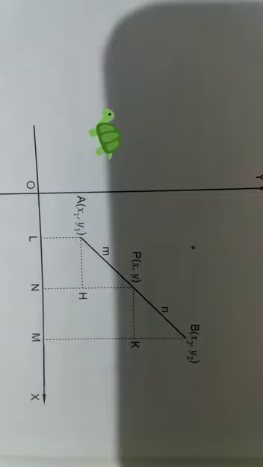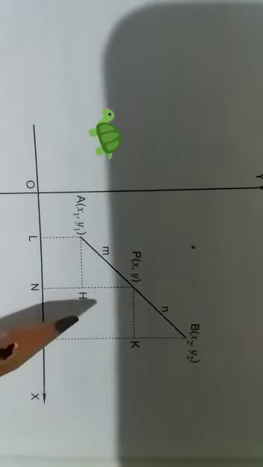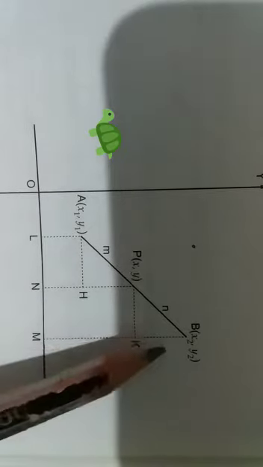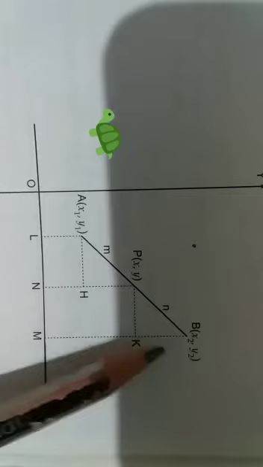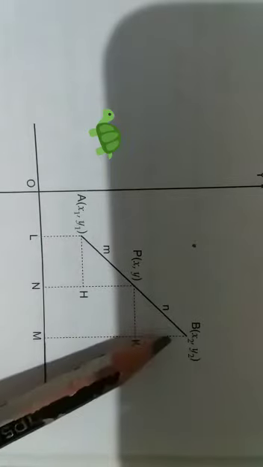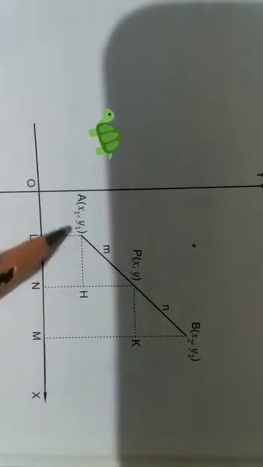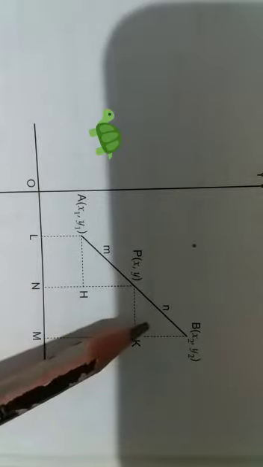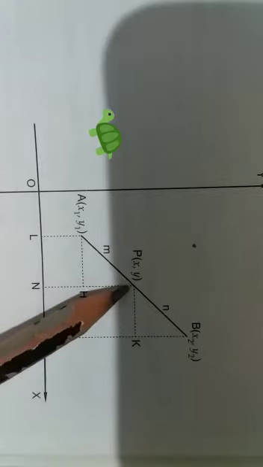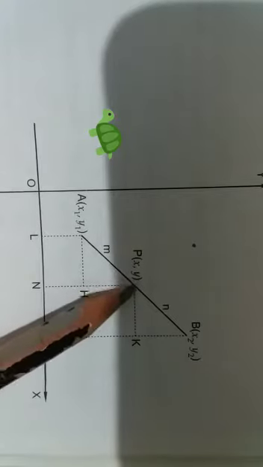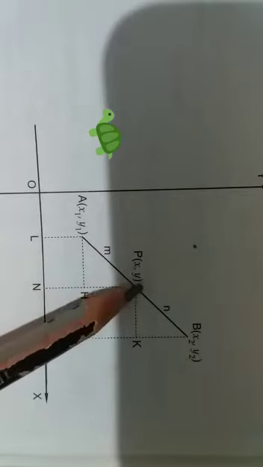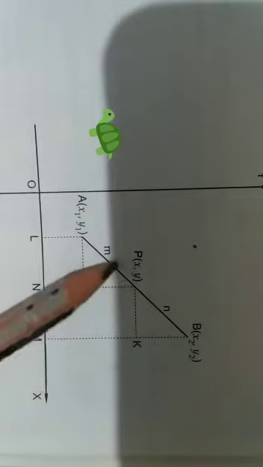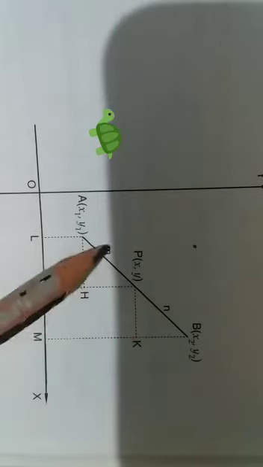Now, to find the section formula, let A(x1, y1) and B(x2, y2) be the given points, and let (x, y) be the coordinates of the point P, which divides AB internally in the ratio m is to n.